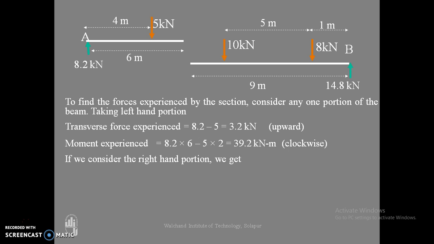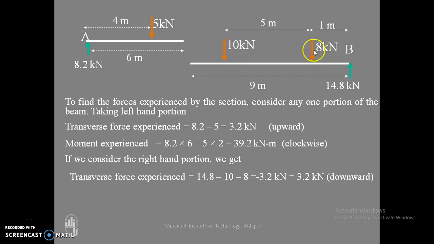Now if I consider the right hand portion of this beam, there are three forces present. So again calculate the unbalanced vertical force. Considering upward force positive and downward force negative, we get the unbalanced force as 3.2 kilonewton downward.